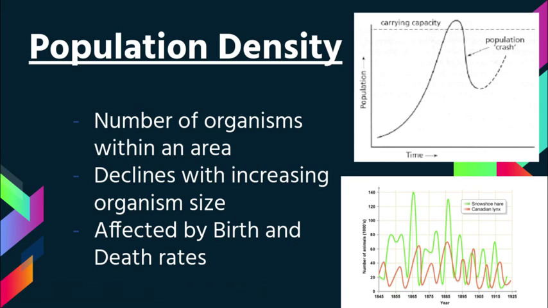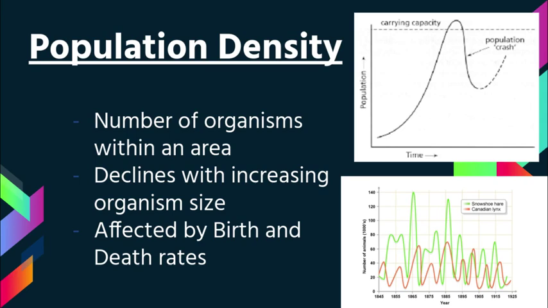So population density, the total number of individuals in an area, declines with increasing organism size. So organisms that physically have smaller bodies, you're going to see more individuals in an area. So if we focus on something like a mouse, there's going to be a lot more mice in an ecosystem than there would be coyotes.